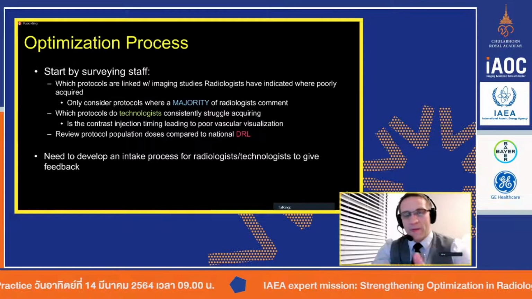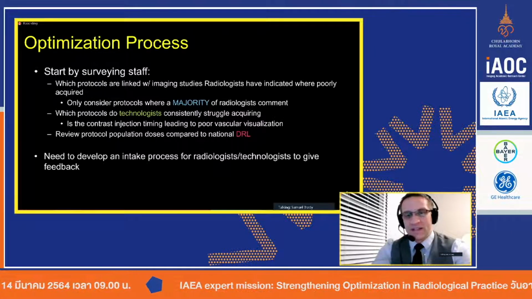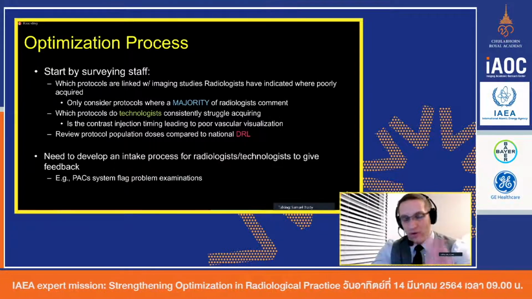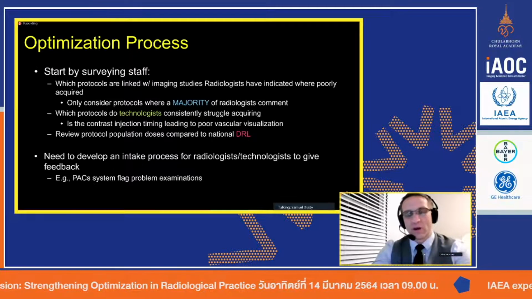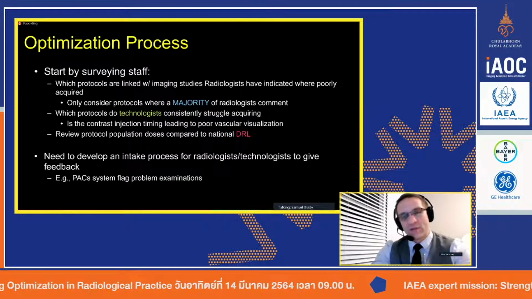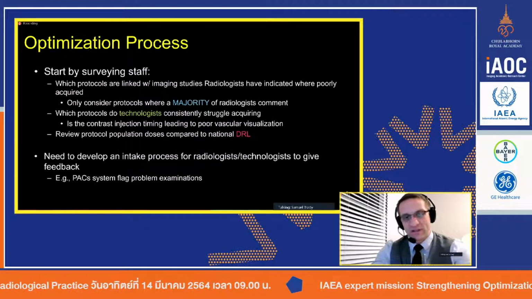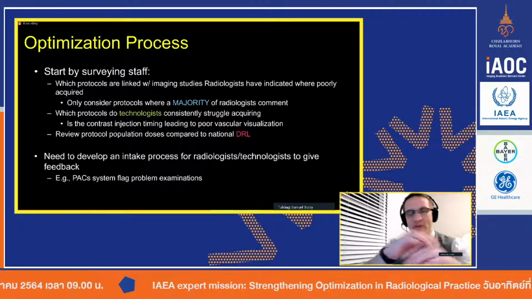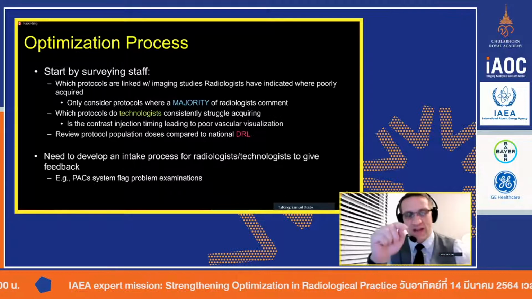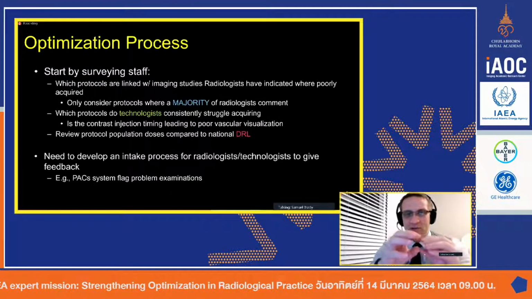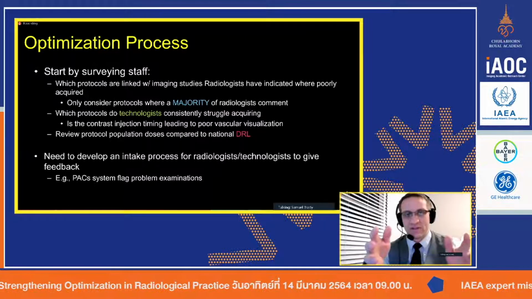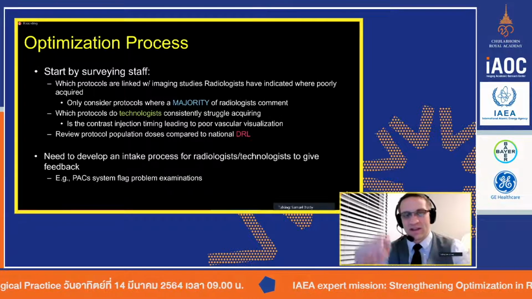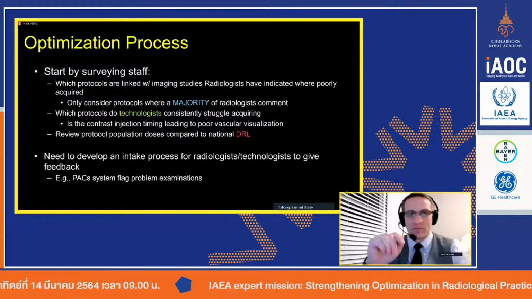So we need to figure out a way to develop an intake process. There are different PAC systems that, I don't know exactly which of all the PAC systems that are in all of your hospitals, but I know that several PAC systems are providing a way for radiologists, so when they read through their study, they can flag not just an image, like a key image, but they can actually flag the whole series or one series or multiple series in that exam for that patient, and they can say that it was poor quality or subdiagnostic.